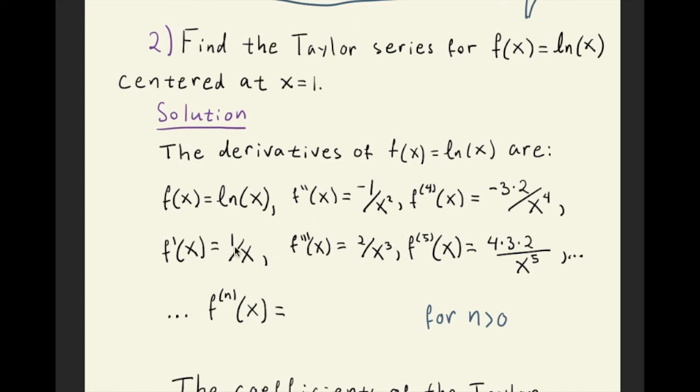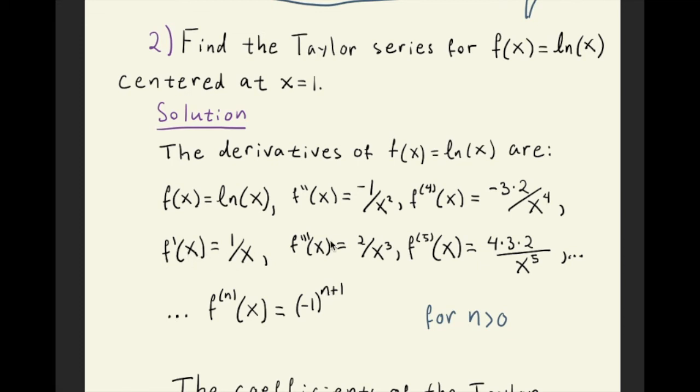You see that the signs are changing. For f prime, it's positive. F double prime, it's negative. F triple prime, it's positive. The fourth derivative is negative. Fifth is positive. So the first thing is I'll put a negative 1 to the n plus 1. In that way, this is negative when n is even, and it's positive when n is odd.